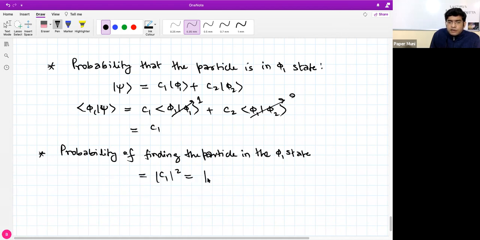Or we can write it like this: phi 1 inner product with psi, whole square. This quantity gives us C1, and then C1 mod square gives you the probability of finding the particle in the phi 1 state.